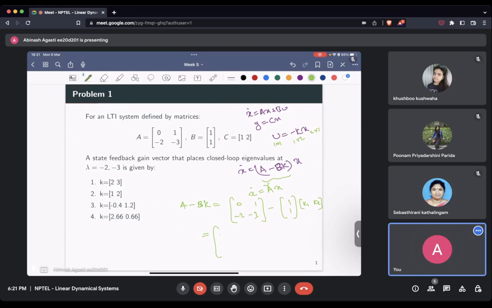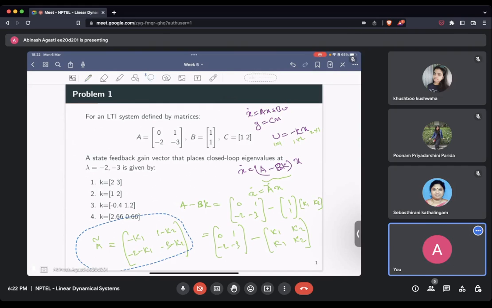So K is a 1 cross 2 matrix, or a row vector if you say. Now, given this new matrix as A tilde, let us find the eigenvalues of this matrix.